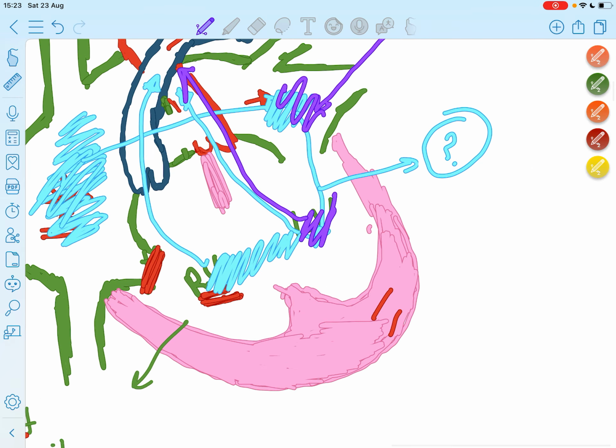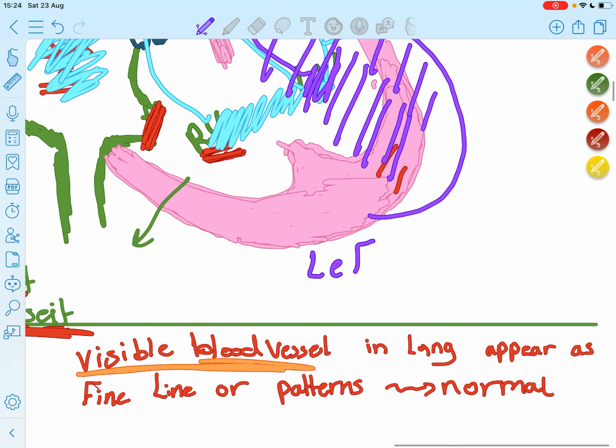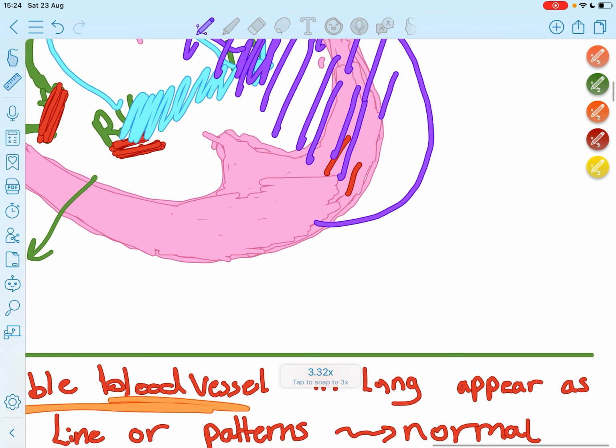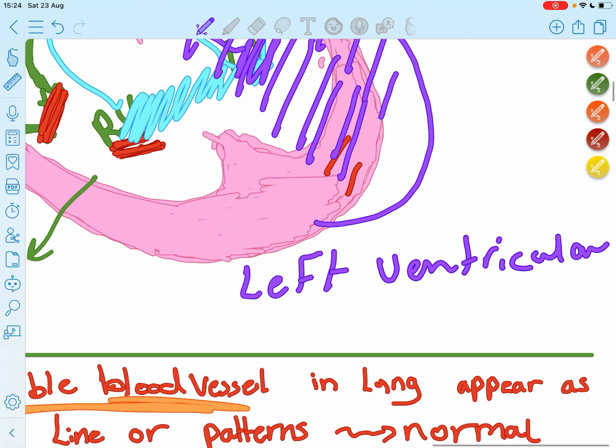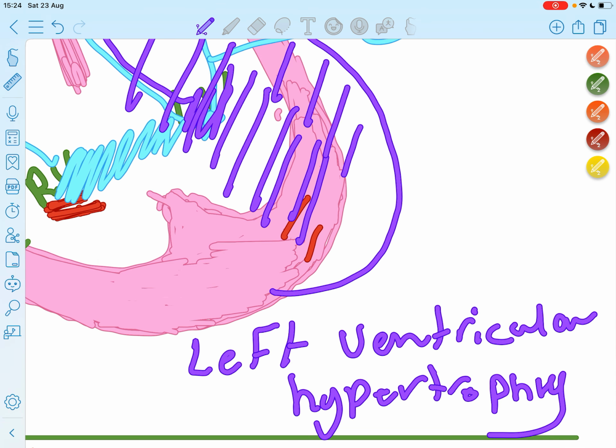Because there is a lot of pressure in the left ventricle, the left ventricle will become hypertrophic. And because of that, there will be something we call an electrical shift.